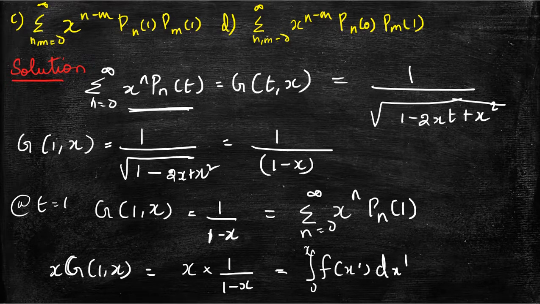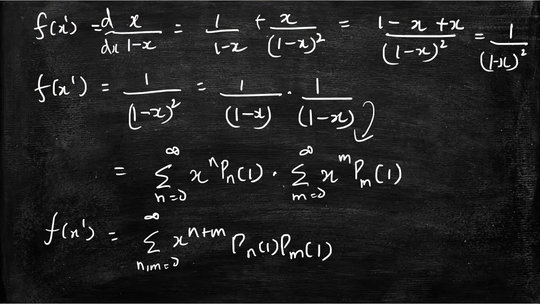Next, as given in the question, the integral of f of x prime, that is the integral function, is given as x g of 1 comma x. So I'm going to write the same. In order to find the function, I'm going to differentiate my RHS. On differentiating, I get 1 by 1 minus x the whole square, which is the function.